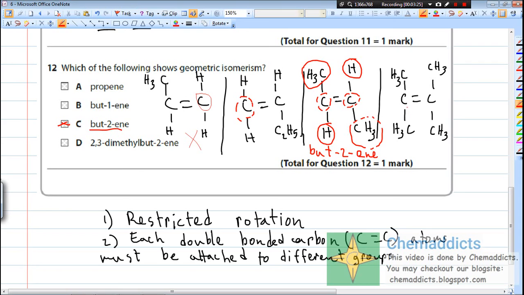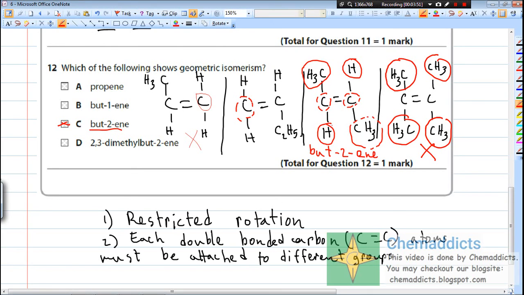Now let's look at the next option. Both of the double bonded carbon atoms are attached to the same group, as we have noticed. This carbon atom is attached to a methyl group, the same group. This carbon atom is also attached to the same group. So geometric isomerism is not possible here.